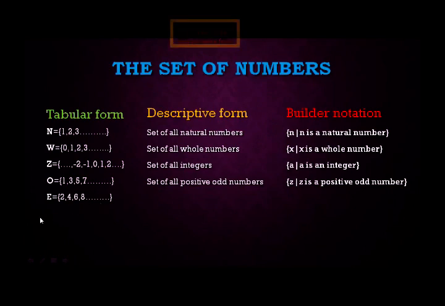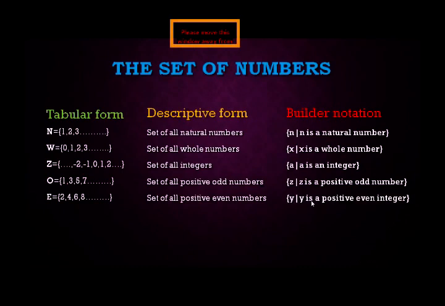These all are even numbers. So, the set of all positive even numbers. The set builder notation of this is {y such that y is a positive even integer}. These are positive integers. You can see that.